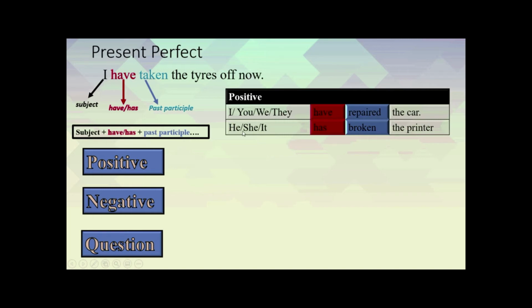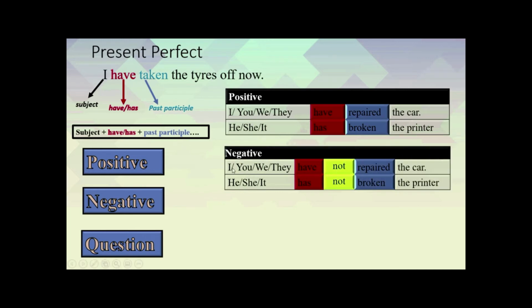And then he, she, it, or any singular subject has broken the printer, like Ahmed has broken the printer. For the negative, we have I, you, we, they have not repaired the car. So we use the word not to make the sentences negative.